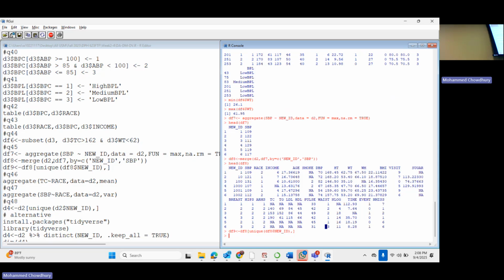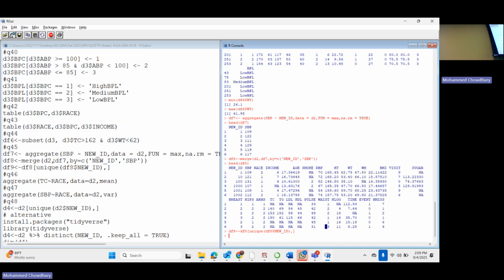Because when we merge D2 with DF7, DF7 has the same ID and same maximum blood pressure twice. And then the original subsetted data has only one, but they match, so they appear 2 times. That is why it is appearing 2 times.